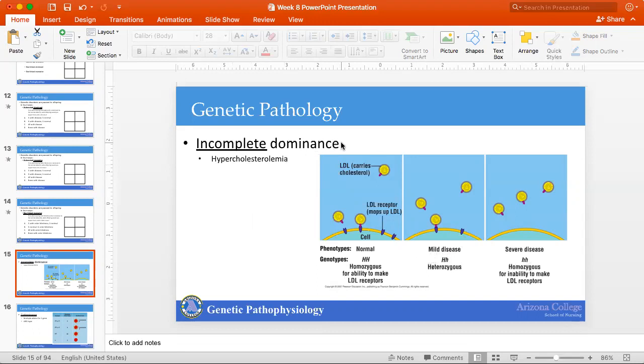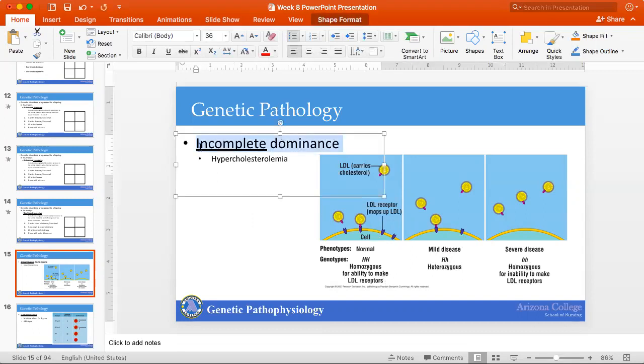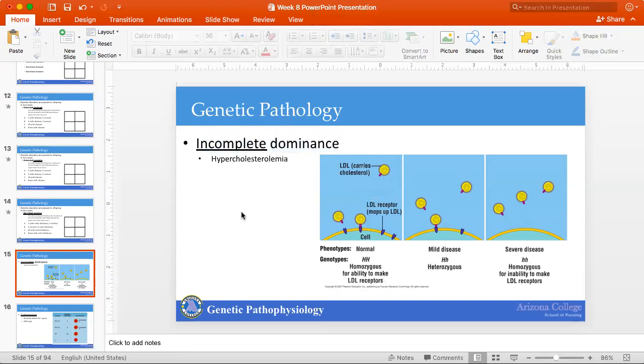And so the normal allele in this case will be referred to as having an incomplete dominance. Unlike brown eyes, which you either have brown eyes or you don't, that would have a complete dominance. In this case, it's only a partial dominance or incomplete dominance. And you see here that having both lowercase, or homozygous for the inability to make the LDL receptors, is this severe case of this pathology.